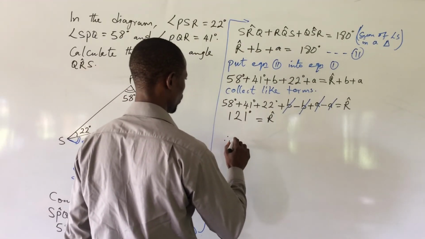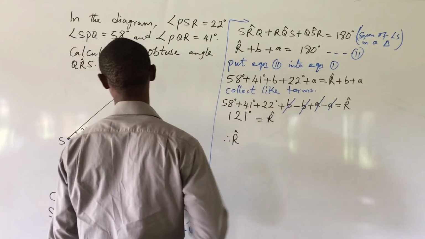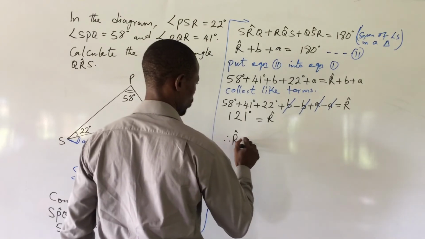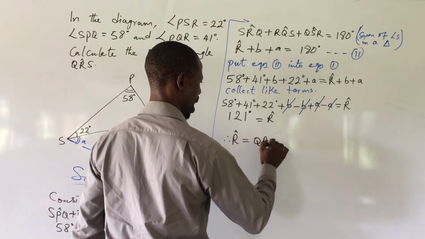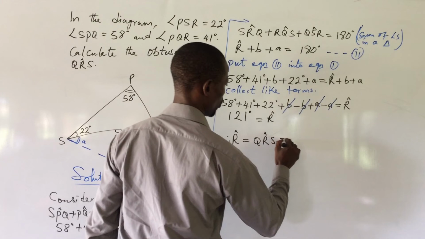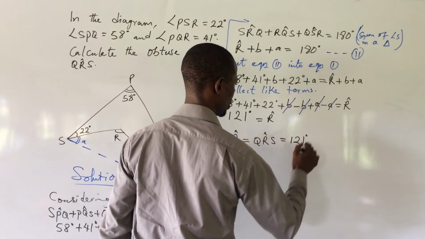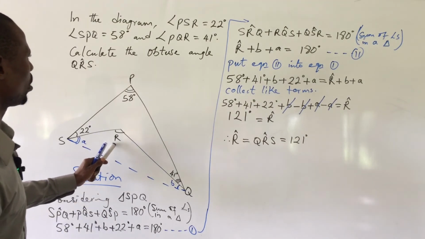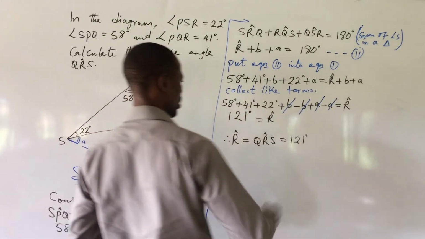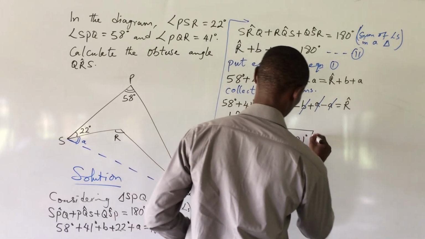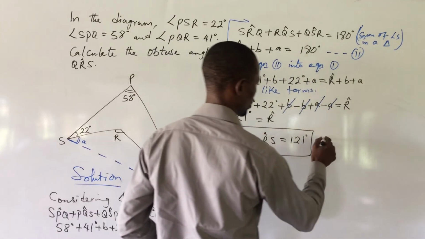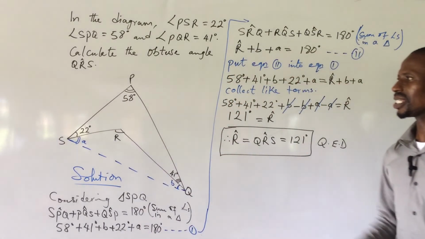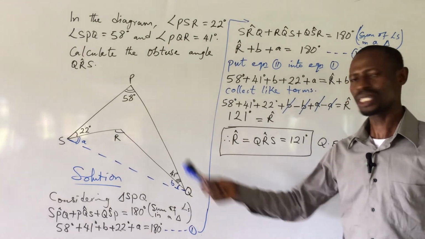This will now give us, therefore, angle R, which is QRX, equal to 121 degrees. And this is the value of the obtuse angle QRX, 121 degrees. QED. All right, so this is the solution to this problem.